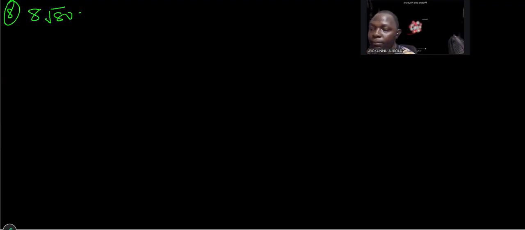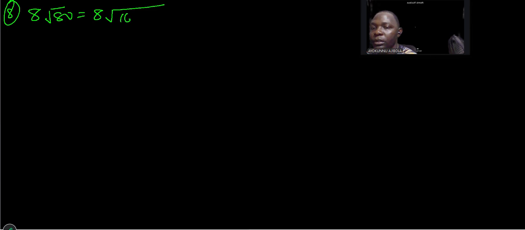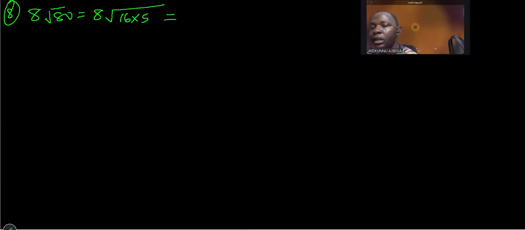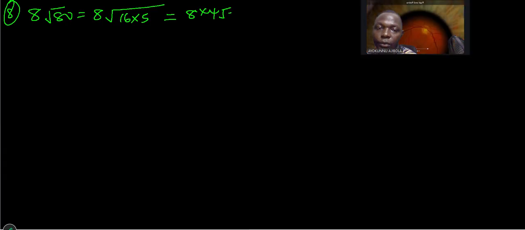Now let's consider 8 root 80. We're going to look for a perfect square in 80 because 8 is already outside. So we have 16 times 5 is 80. The square root of 16 is 4. So 8 times 4, then root 5.